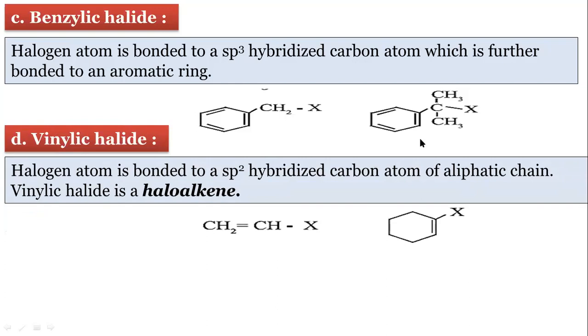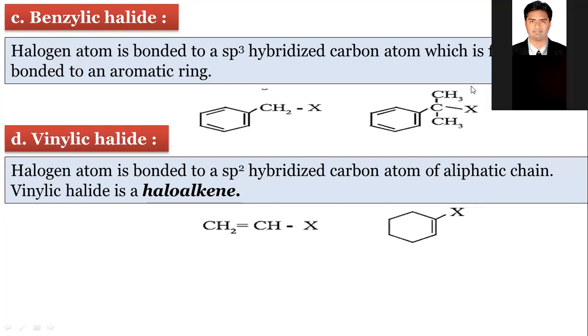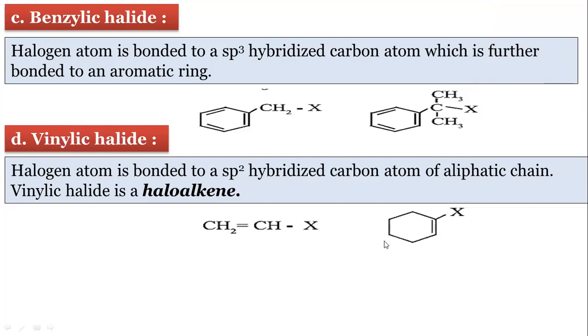This is sp3 hybridized, this is also sp3 hybridized, but this carbon is sp2 because the halogen is attached to the carbon atom which is bonded to another carbon with a double bond. A double bonded carbon is always sp2 hybridized, remember. These are the examples. This is aliphatic, this is aromatic. In each type, I have given examples of aliphatic and aromatic also.